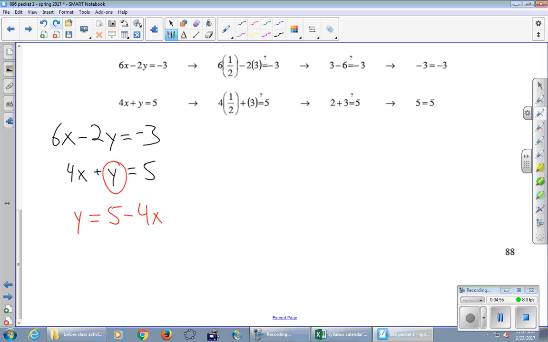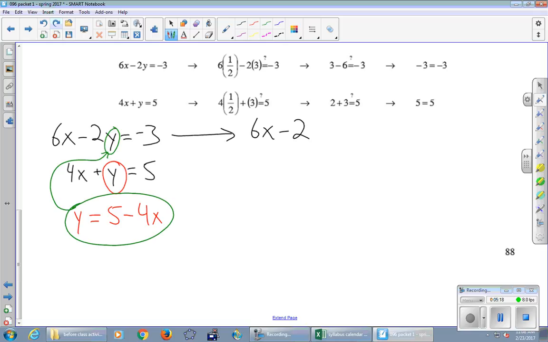Next step, after you've solved one equation for one of the variables, is to substitute. Remember, this is called the substitution method. We're going to substitute that stuff in for y in the other equation. So this equation right here becomes 6x minus 2, I'm going to leave a little space there, equals -3.